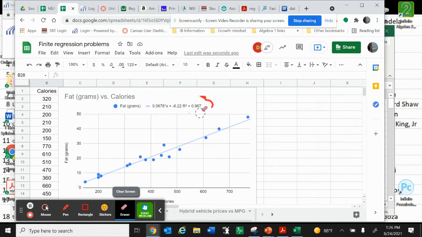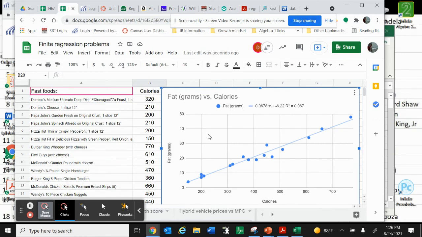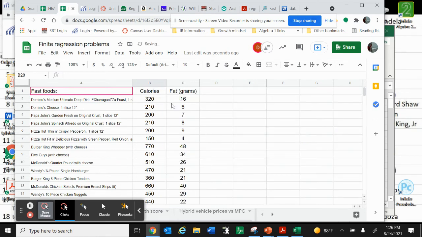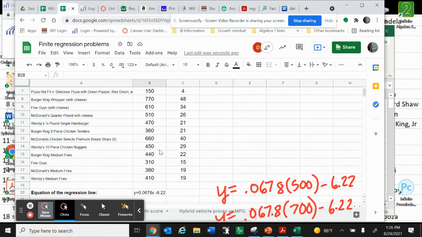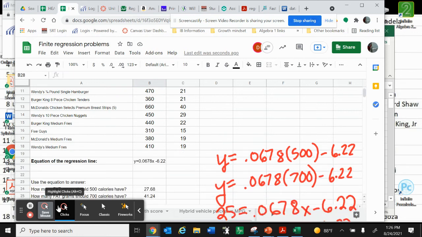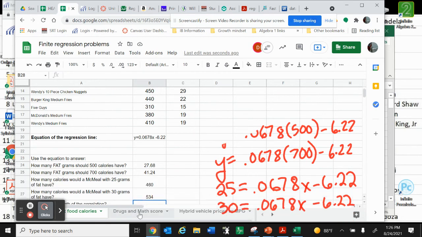But if the data is there, which you're going to have on these examples, you literally just go and highlight it again. Make sure you go down, include the labels, and then once you get your chart, you can do whatever you want. So on this document, we're going to have two other problems to work through.